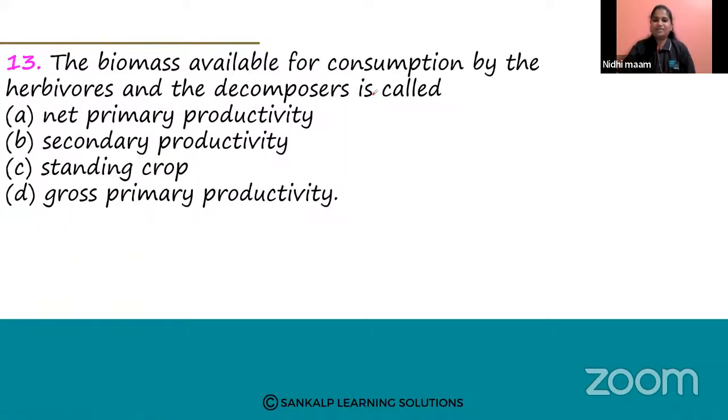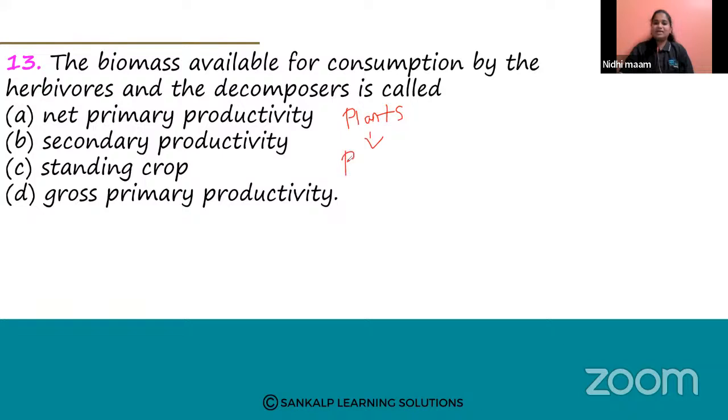From that time I am telling, many questions come like this on NPP, GPP, and respiration rate. So, biomass available for consumption by the herbivores and the decomposers. First, what comes? Plants come. Okay, I am explaining once again. Do listen carefully. Plants are what?